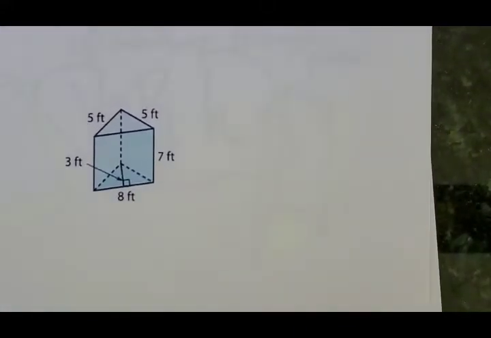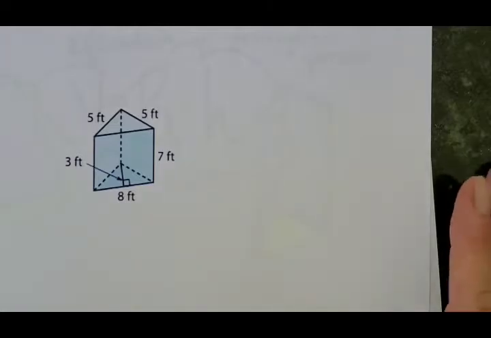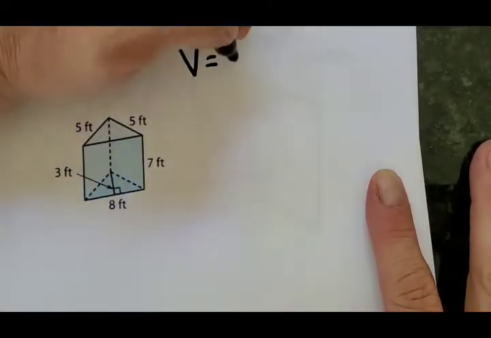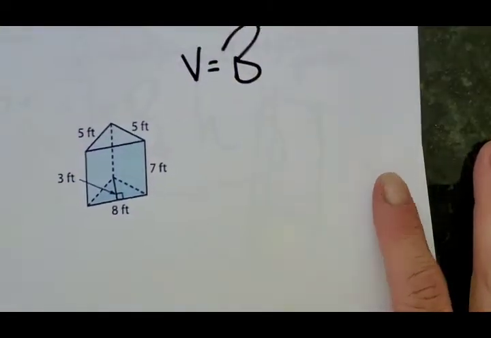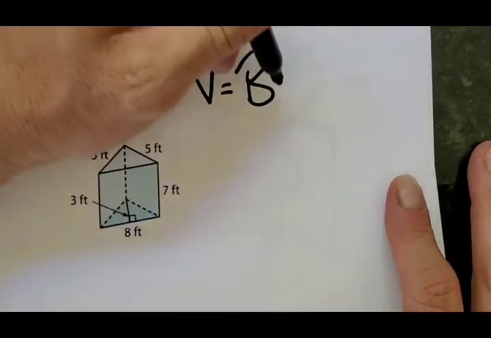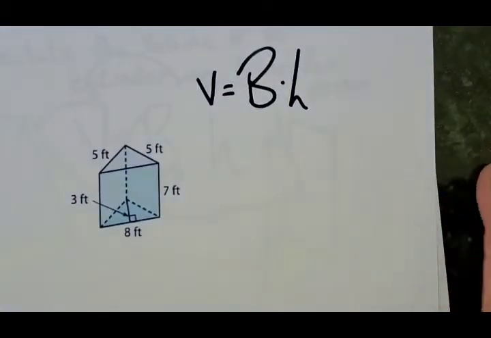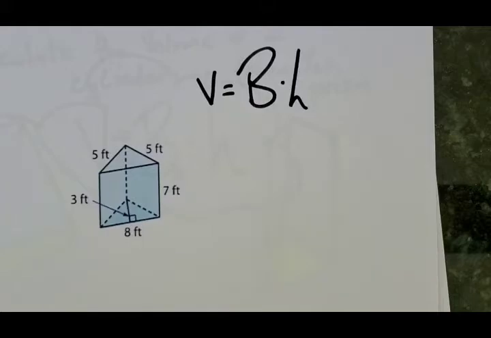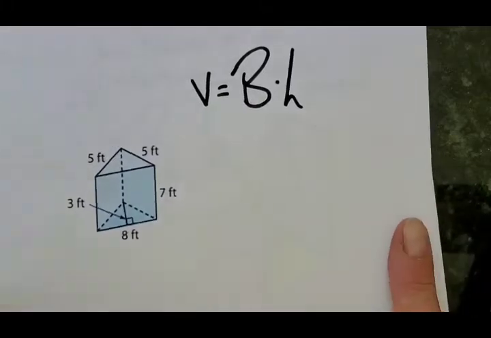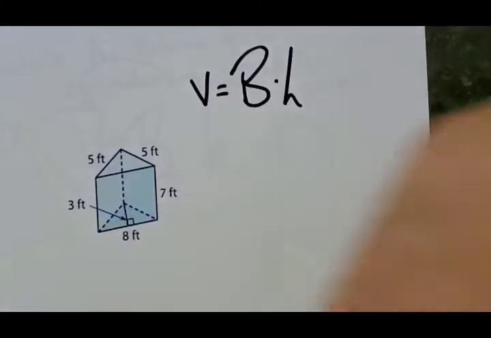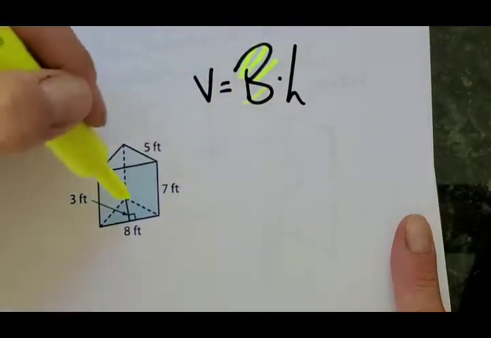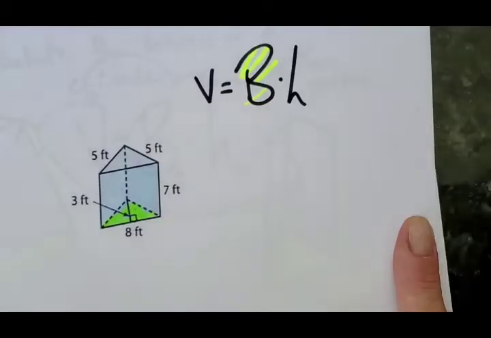Now what we want to do is find the area of the base, because volume is equal to big B, base area, times height, for prisms. So I'm going to find the area of the base. This is going to be the triangle area.